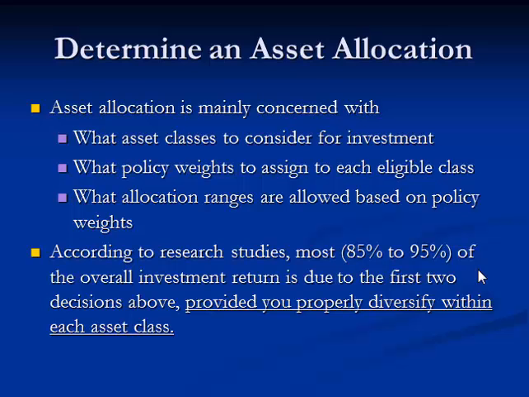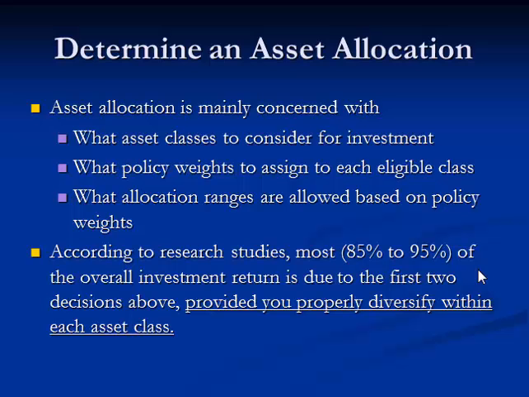Now I'm talking about these weights because according to research, 85 to 95% of your investment return and your well-being, your ability to retire and your standard of living, is driven by your asset allocation, assuming that you properly diversify in each asset class.